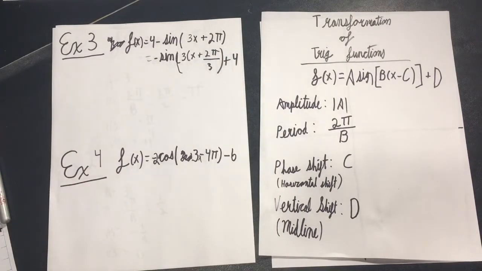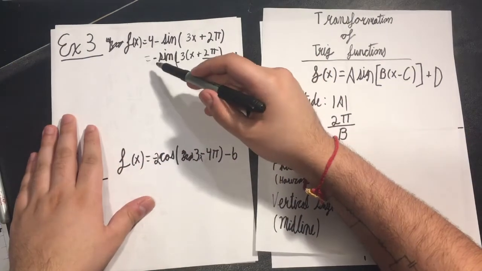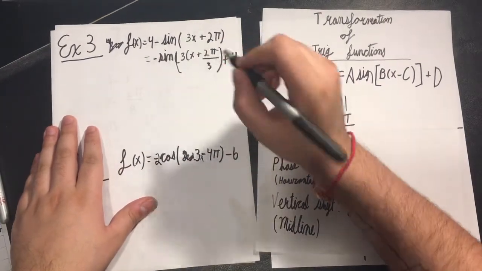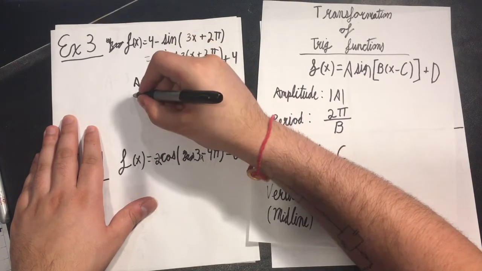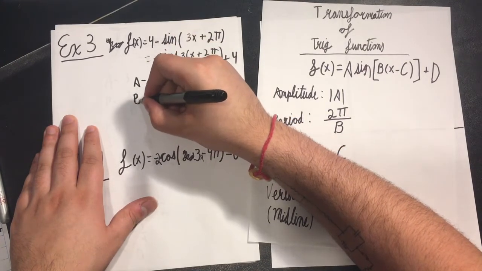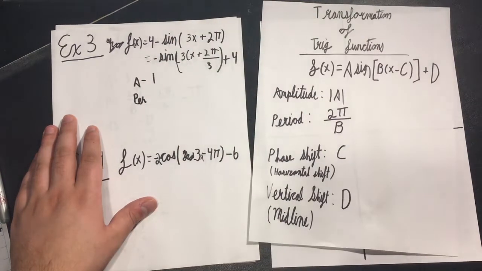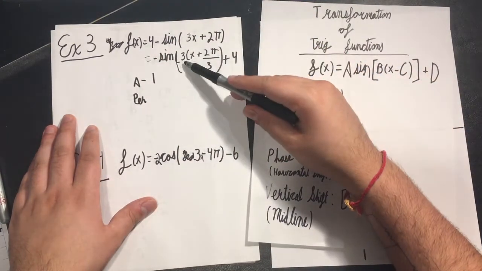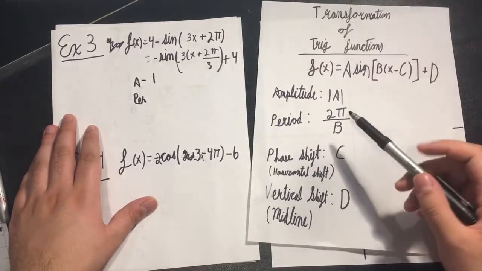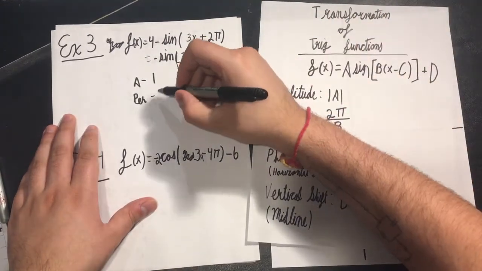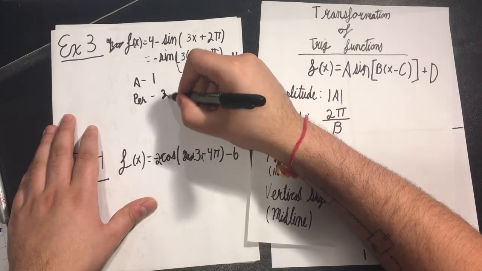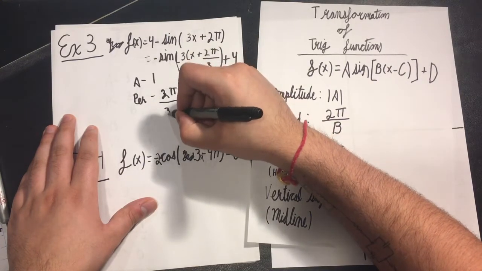Now we can find our amplitude, our period, horizontal shift, midline, right? Amplitude's easy. Absolute value of -1 is just 1. So our amplitude is 1. Now, let's try to find our period. We have 3 here. So our period is 2 pi divided by that b component, meaning our period should be 2 pi over 3.